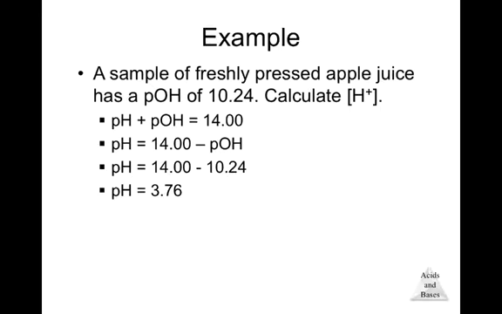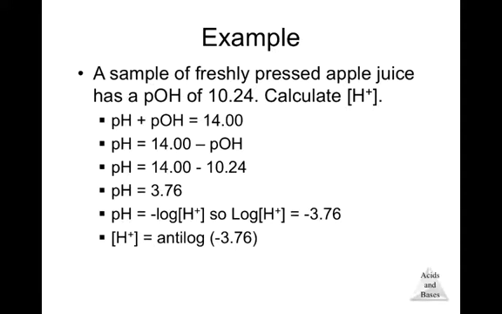Once you have your pH, it's very easy to calculate your H plus ions. pH is just the negative log of your H plus ions, so log of H plus equals negative 3.76. And the concentration of H is then the antilog of negative 3.76, so that's 10 to the negative 3.76. So our concentration of hydrogen ions is 1.7 times 10 to the negative 4 molar. Pretty cool.